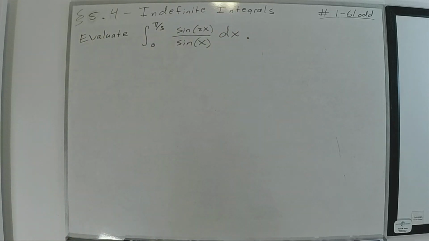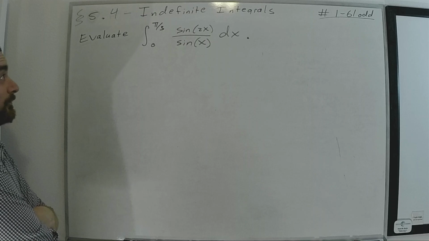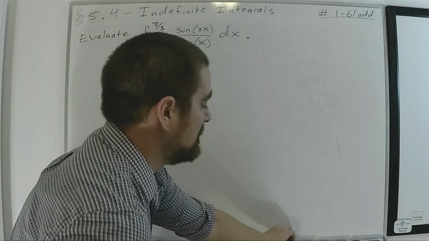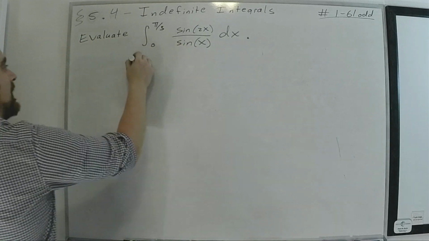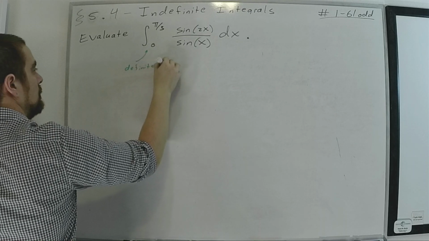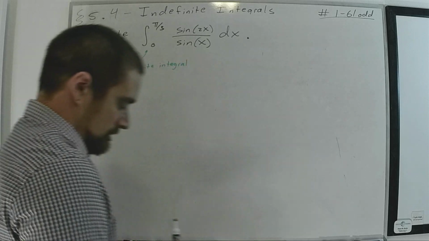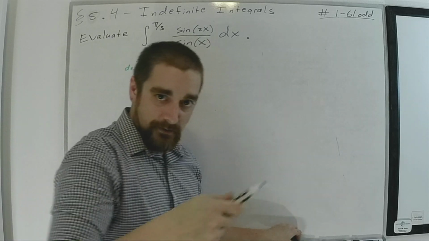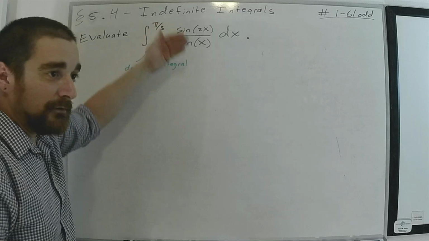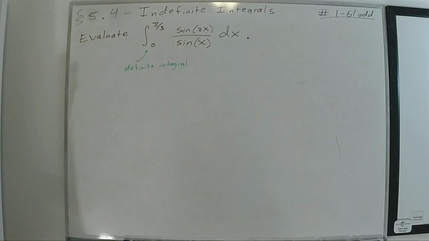All right, so find the definite integral from 0 to pi over 3. Aha, that is not an indefinite integral. This goes back to definite integrals, which means I need to use the fundamental theorem of calculus and plug in the upper bound and then subtract, plug in the lower bound once I get the general antiderivative.